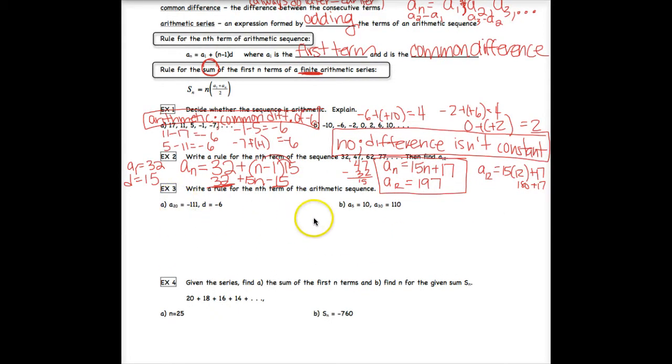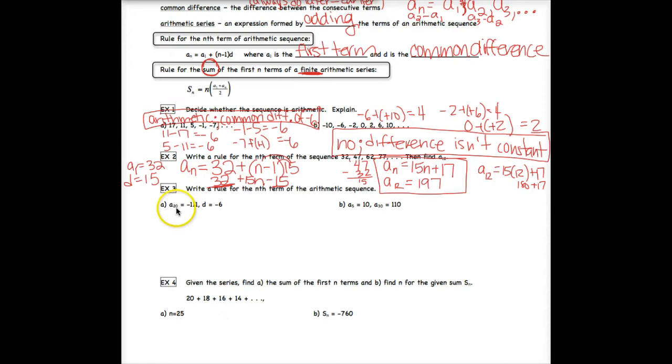Example 3, write a rule for the nth term of the arithmetic sequence. All right, so similar, except instead of them giving me the sequence, they gave me some information. They gave me the common difference, and they told me the 20th term. So this is way different than what I was given in example 2.